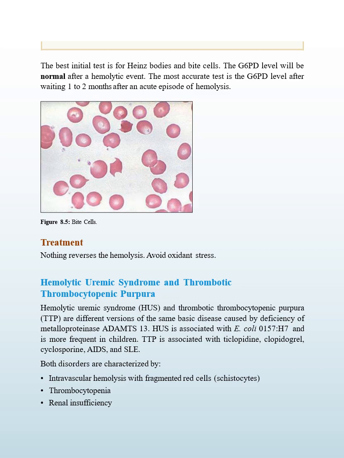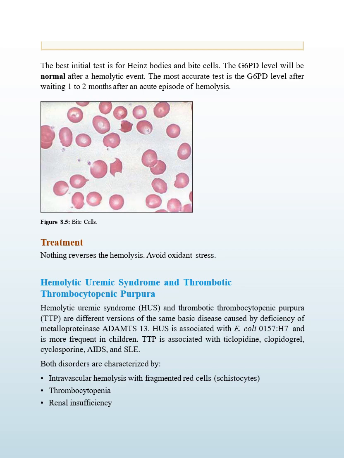These are different versions of the same basic disease caused by deficiency of the so-called metalloproteinase ADAMTS13. HUS is associated with E. coli O157:H7, and it's more frequent in children.